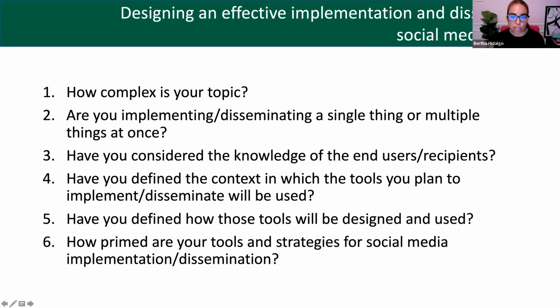Have you considered the knowledge of the end users or recipients? So we tend to forget, if you're dealing with general or lay audiences, that not only are there different learning styles, some people are more auditory, some people are more visual, some people are just so skilled at reading comprehension, but that on average, what we're writing for when we're disseminating on a broad scale, let's say nationally, is really like a 4th to 6th grade reading level.